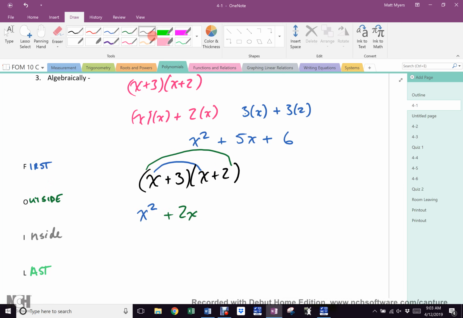Then you multiply the insides. Now, here is where some of you may have seen this, and your teacher probably showed you this. And then last, plus 6.